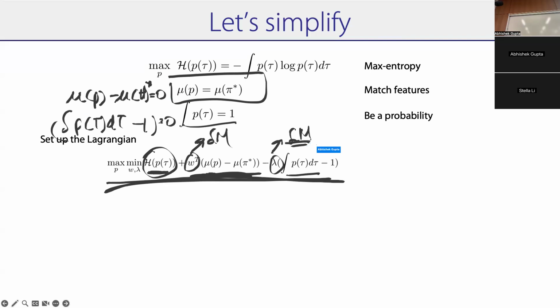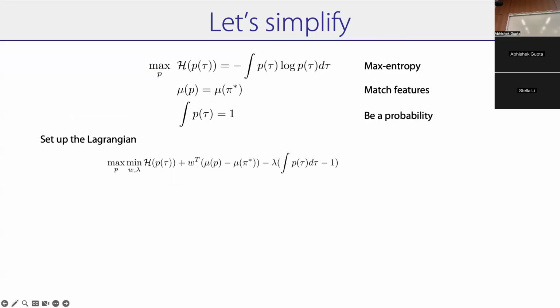Is there any reason why you have decided the signs for the multipliers? No, it doesn't matter because it's an equality, and so it's an unconstrained range. So you can just write it as minus W. That's fine, because it has to be 0. I think I did it to make notation easier later.